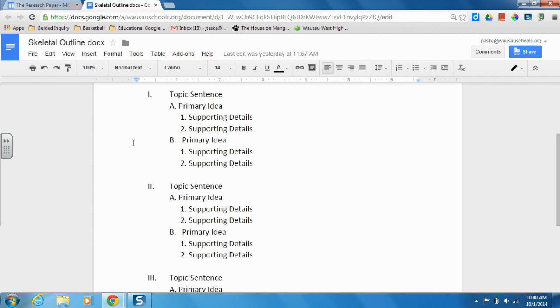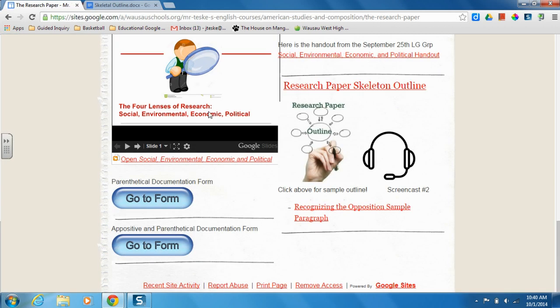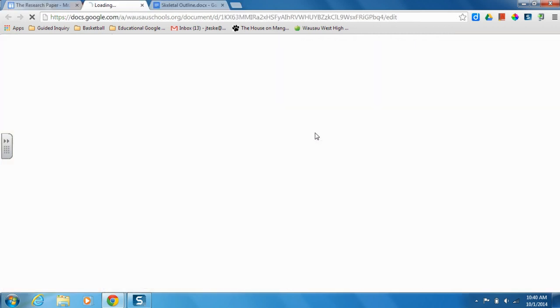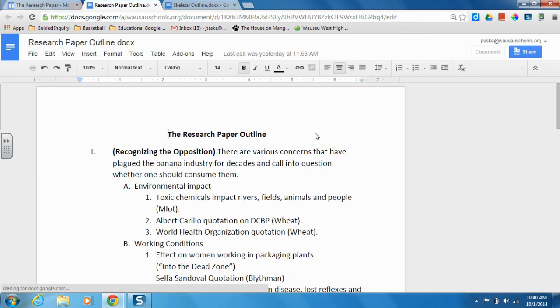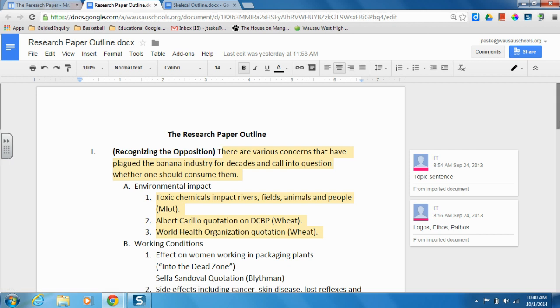One for each paragraph. So with that skeletal outline, we're going to proceed to demonstrate this sample outline for my research paper. And you'll notice right away that I've identified in parentheses here the paragraph's focus.